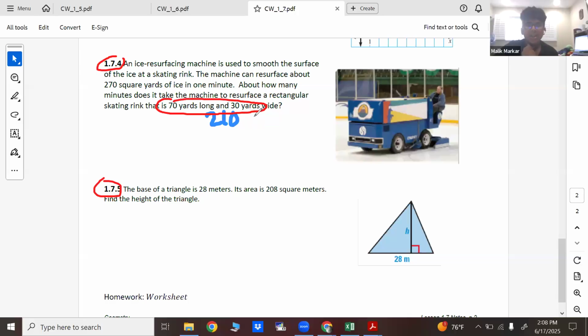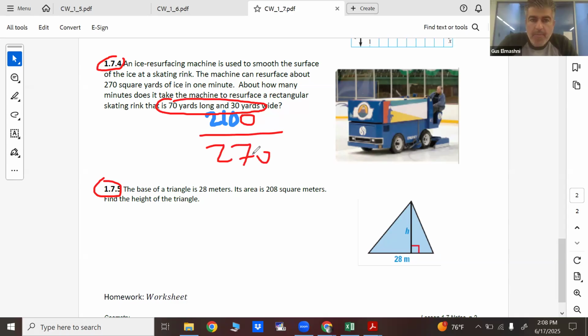Which would be 2100, and then divide by 270. Which should be about 7 to 8 minutes roughly. A little more, closer to 8 minutes. It's like 7.778, I think.